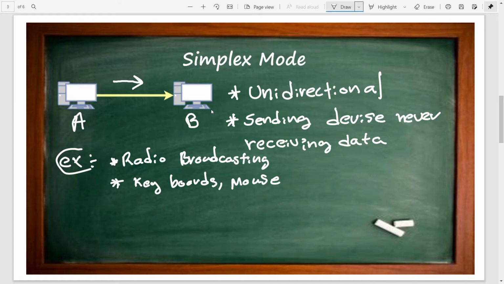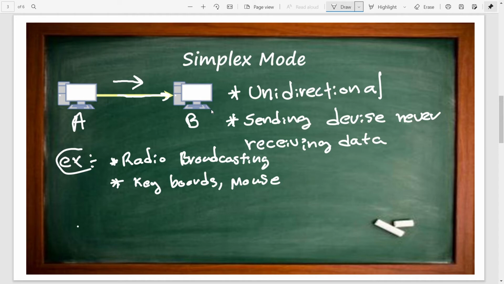An advantage of this kind of network is that when A is transmitting data to B, it is the only communication happening in this physical medium. When one type of communication is happening, there is no other communication. So full bandwidth is allocated for that communication.